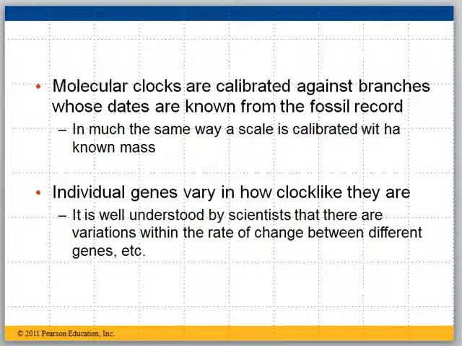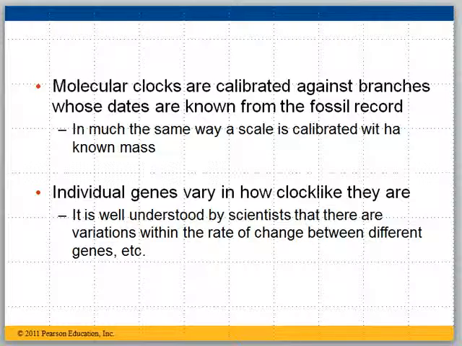A good question would be, how do you set these clocks? How do you know what that time frame is? Well, molecular clocks are calibrated, I guess you could say, against branches whose dates are known from the fossil record. So the way that we set or calibrate these molecular clocks is by comparing them to other data that we have.